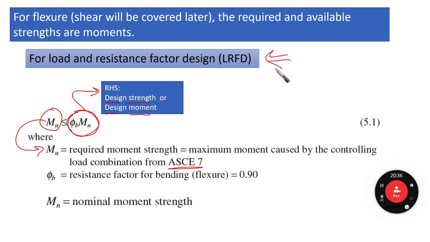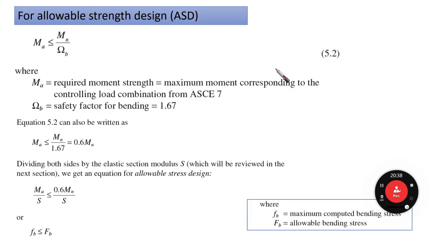Now let's go to ASD. For allowable strength design, it's very simple. We have the same equation. On the left hand side is the required moment strength, which equals the maximum moment corresponding to the controlling load combination from ASCE.